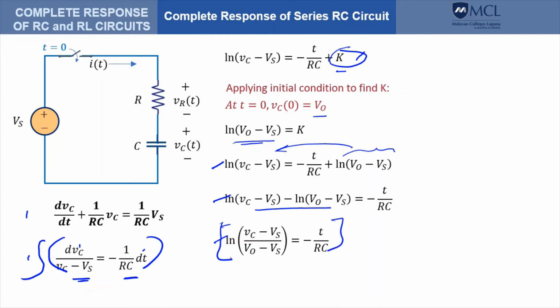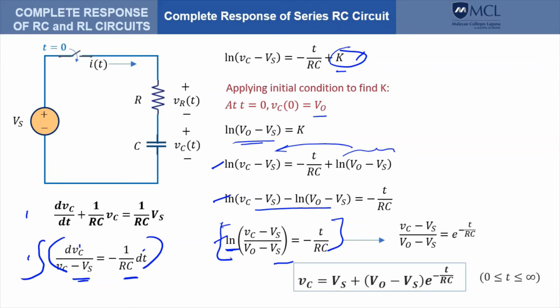Then we do an anti-logarithmic function in order to express the right side in terms of the exponential function, or we want to get rid of this ln function. Doing that, this equation can be written in this way, and we can solve for v sub c from this equation.